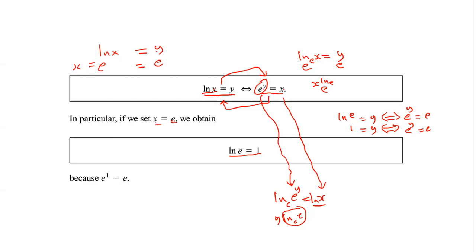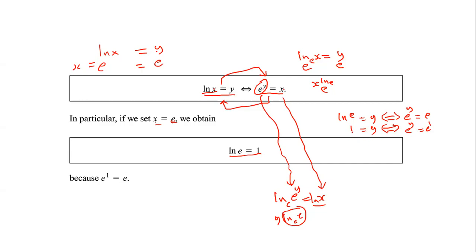On the other side, it will give us e to the y equals e, right? Since we have e to the y equals e, that means y must be equal to 1, right? Because this is e to the power 1. So e to the y means y equals 1.